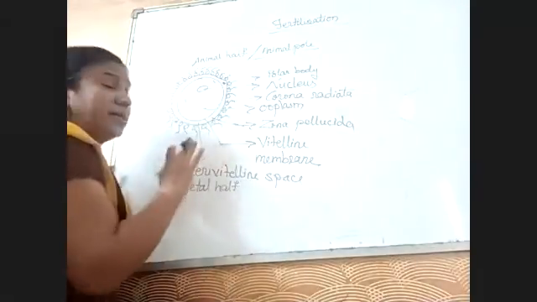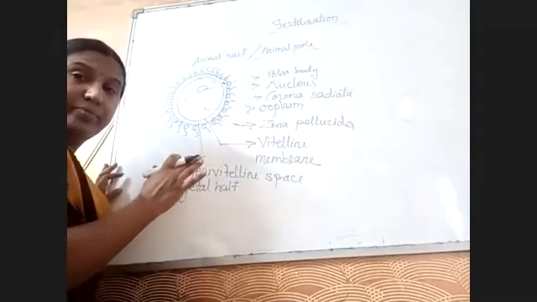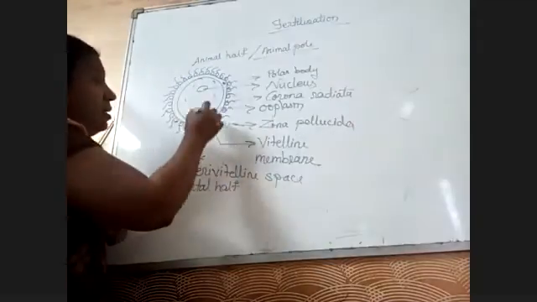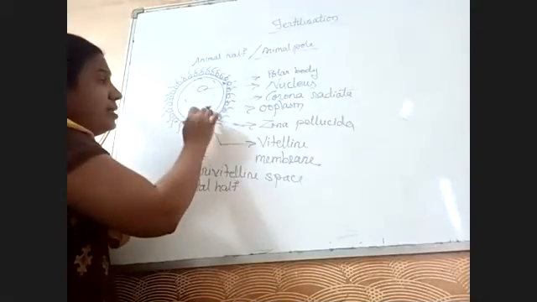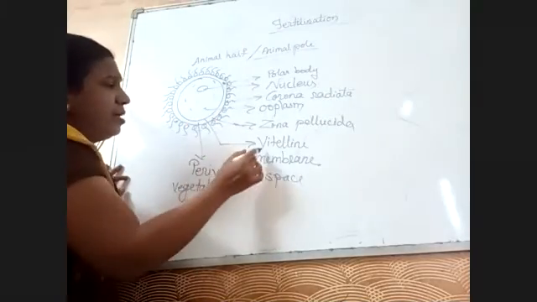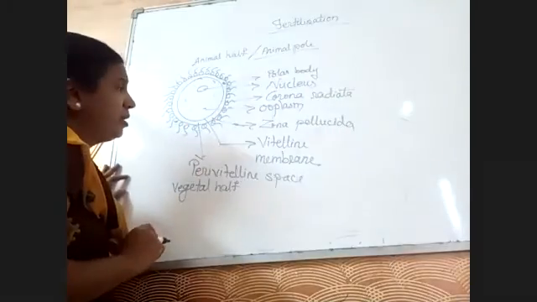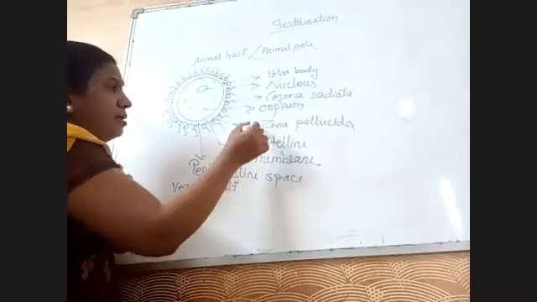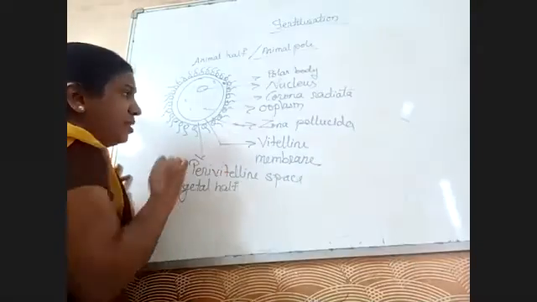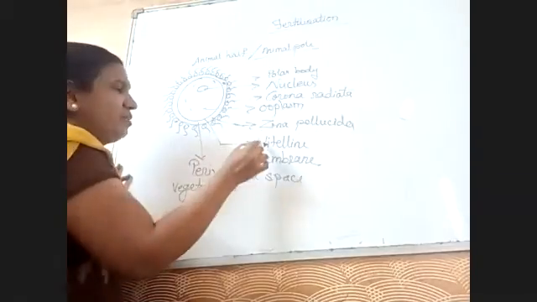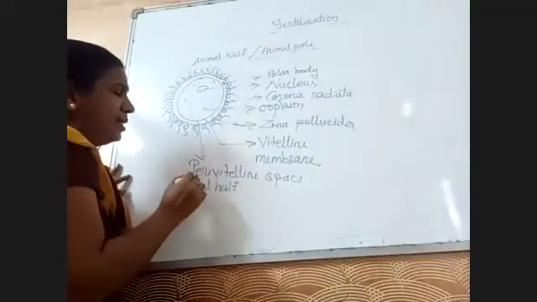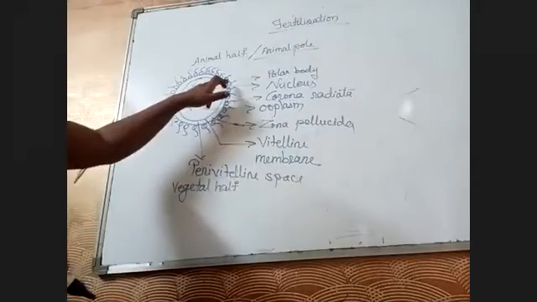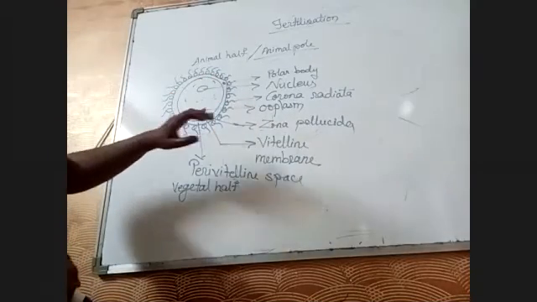Here, the yolk is absent. This ooplasm is surrounded by a thin membrane called the Wittline membrane. The Wittline membrane is further surrounded by the zona pellucida. The space between the Wittline membrane and the zona pellucida is called the periwittline space. Inside this periwittline space, three polar bodies are present.